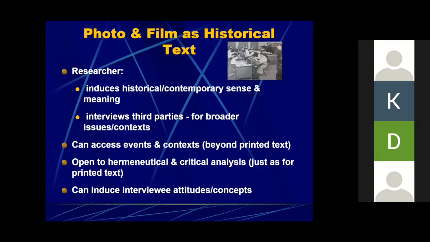And we can also interview third parties, because sometimes that can give us broader knowledge about the issues and the context that may be embedded in those photographs or surrounding those photographs. So in other words, the photograph might be about some micro issue, but it may trigger reflections and new understandings about macro issues within which the micro was situated.